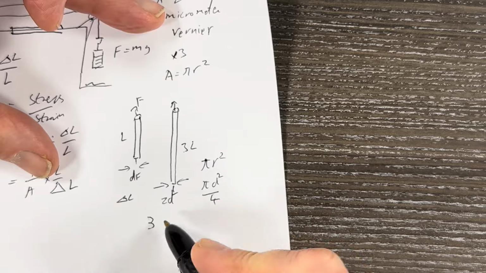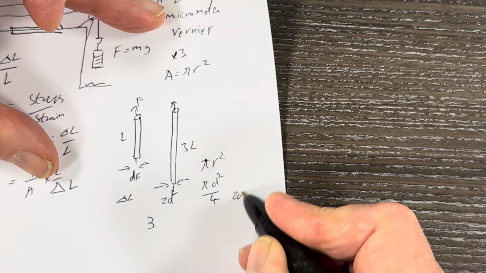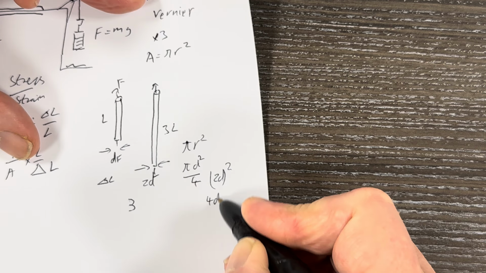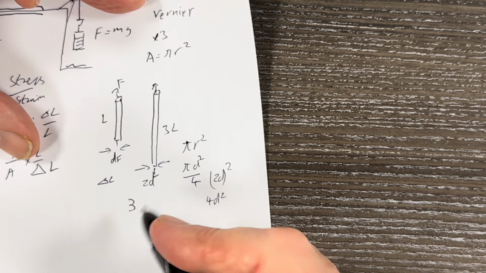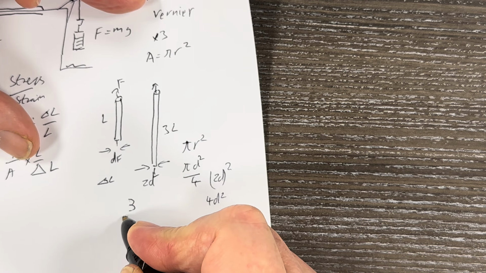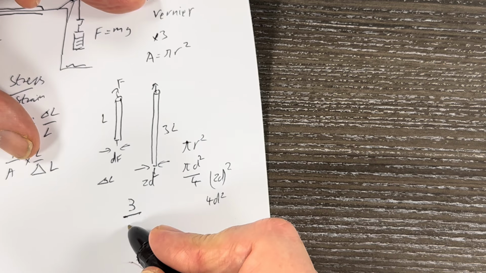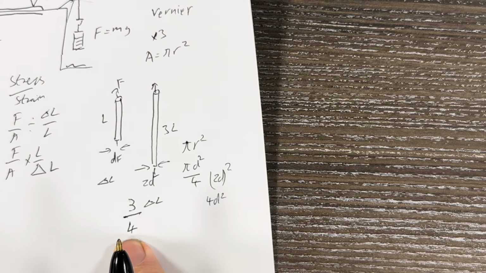Either way, it's the squared relationship. So if we go from d to 2d, 2d all squared is 4d squared. So it's got 4 times the area. That's a change on its own. That's reduced the stress by factor 4, so the extension by factor 4. So the extension of this wire relative to that one is 3/4 of delta L.